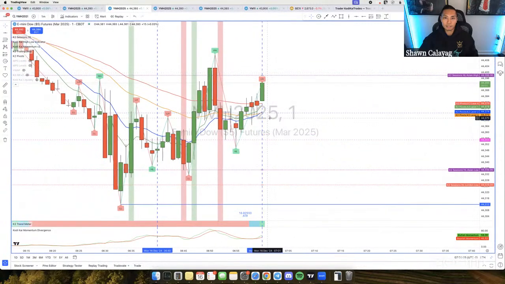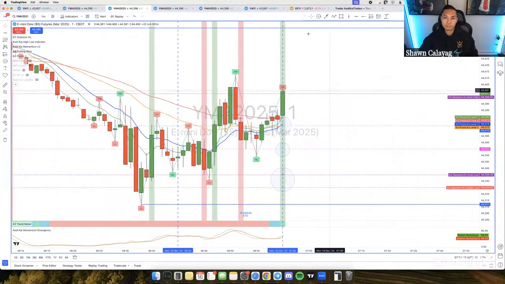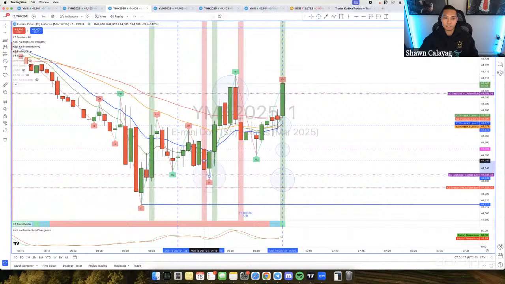If price pushes down, it may get stuck at opening price, at news price, or at the sessions down here. You can see in the past, it's gotten stuck at these areas: the sessions right there, sessions right there, opening price right there. It's just not really a good area to be trading in.